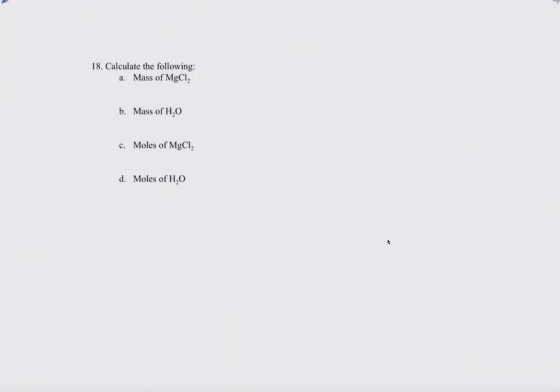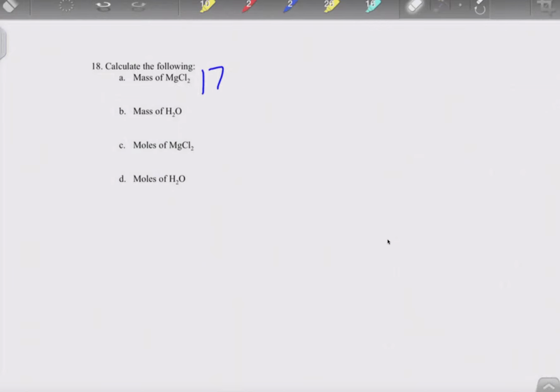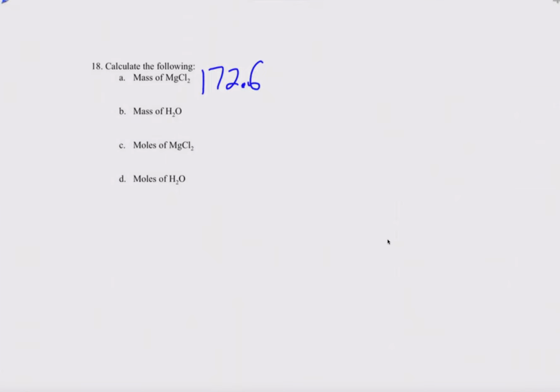So the mass of the magnesium chloride is the difference, 172.6, that's the mass of the dry beaker with the salt in it, minus the mass of the empty beaker, which was 142.4, means that the salt had a mass of 30.2 grams.